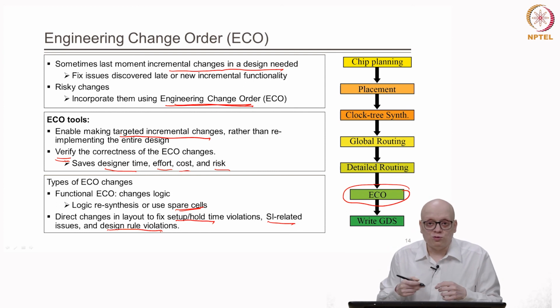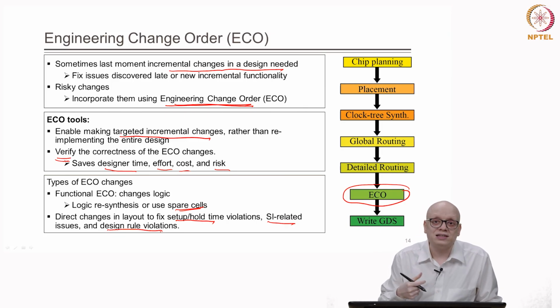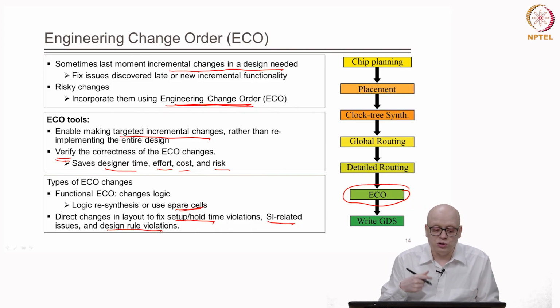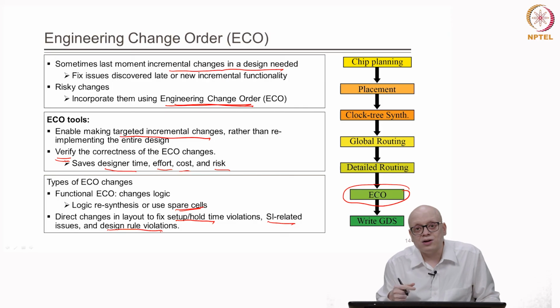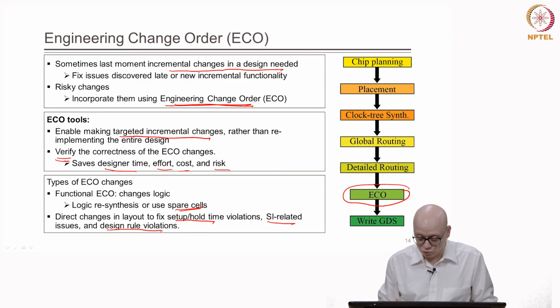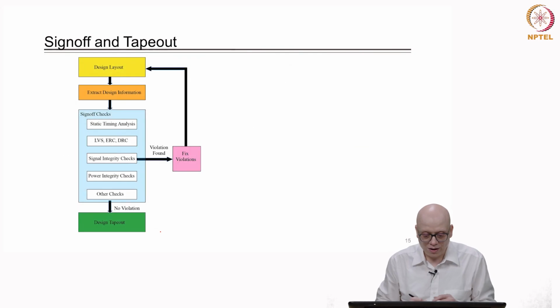Now, for fixing those bugs, if those bugs are localized in a small area, we can take help of these ECO tools, and that will help us reduce our designers' effort, and also we can ensure the correctness of the changes with the help of the ECO tools, right.